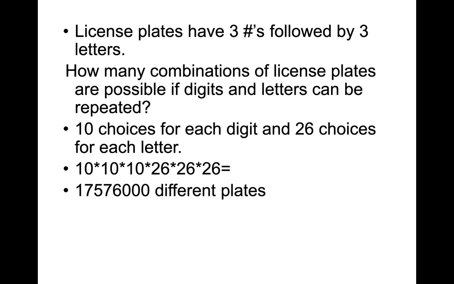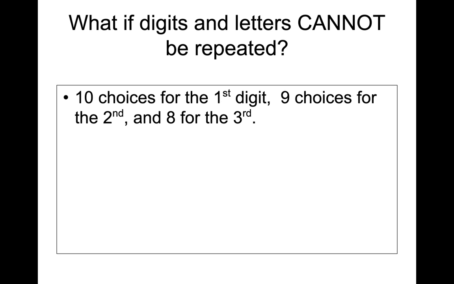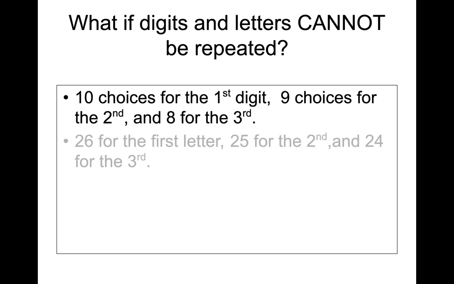What if I change that up? What if digits and letters cannot be repeated? Well, that changes things a little bit. If they can't be repeated, then for the three numbers, I could have 10 choices for the first number. But once I pick that first number, I can't use it again. So that leaves me with 9 choices for the second and 8 for the third. And a similar thing happens for the letters.